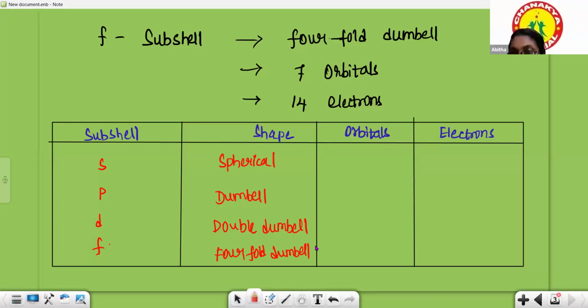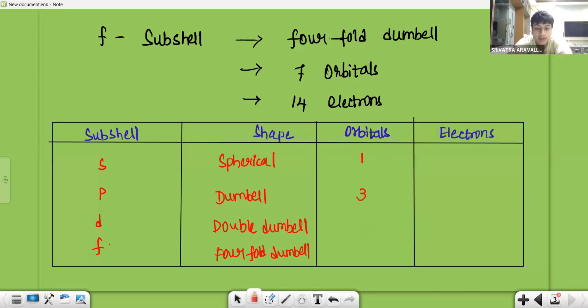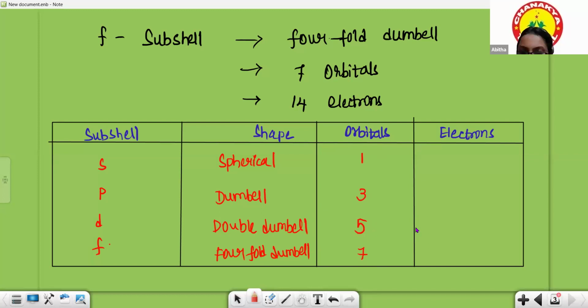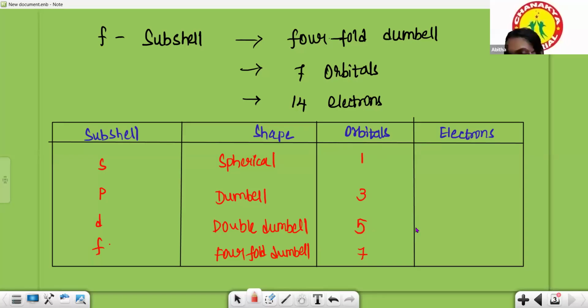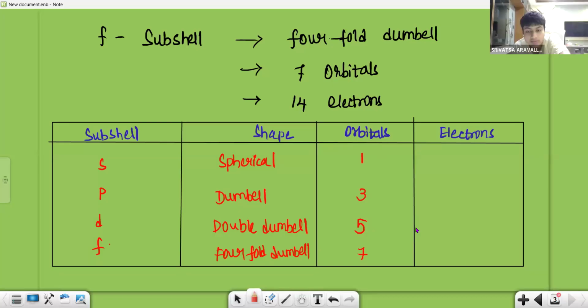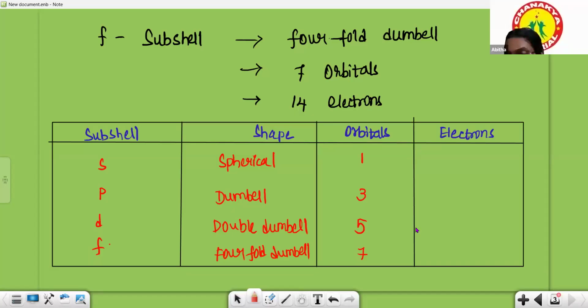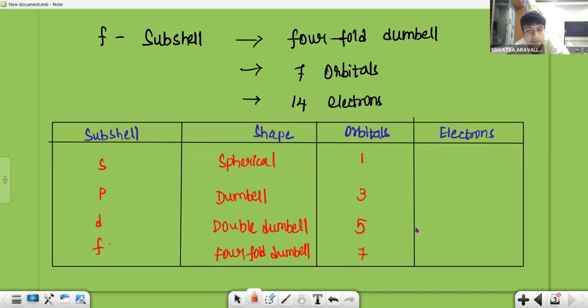Now coming to the orbitals. How many orbitals are present in each subshell? Do you know the odd number order? 1, 3, 5, 7, 9, 11, 13.